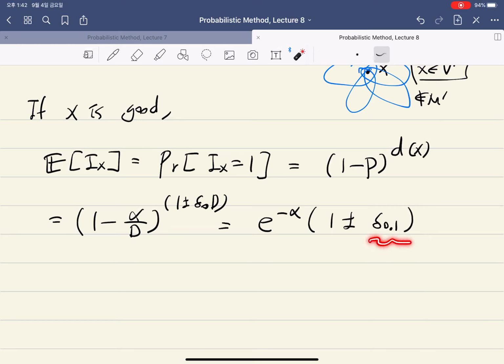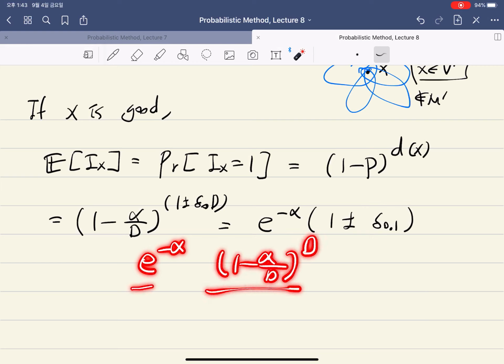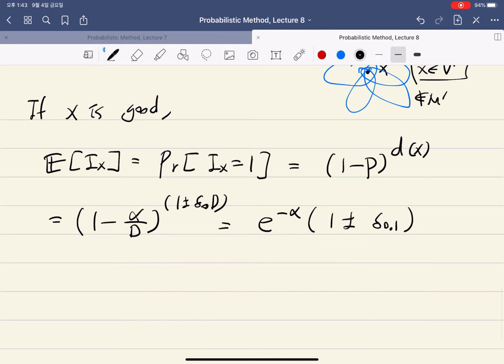So again, observe all the error terms here. Because d is also very large, the error terms coming from the difference between this and 1 minus alpha over d to the d are negligible, in terms of the capital D. Anyway, so we get this.